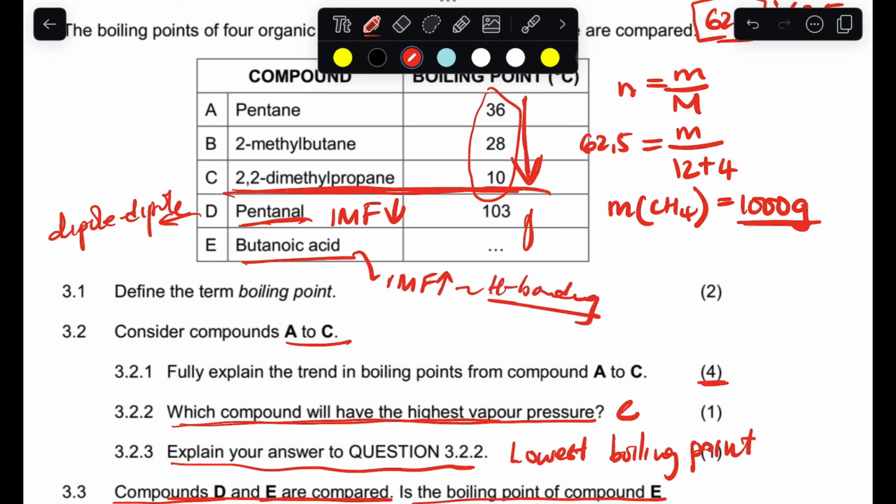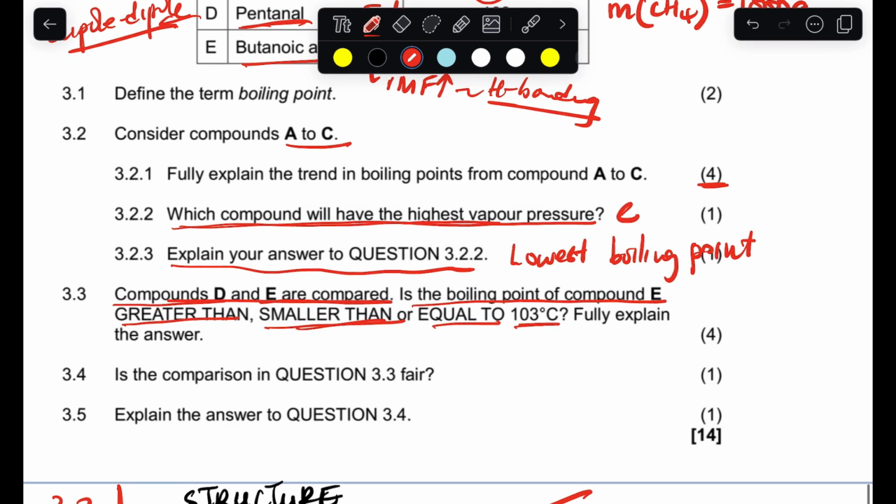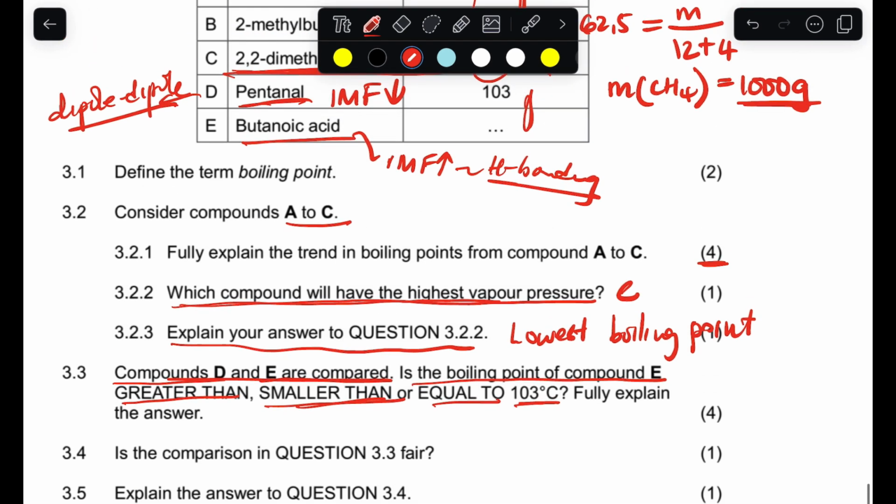You don't have to say it's two-sided hydrogen bonding, because this one is not a hydrogen bonding. You compare by sides if it's hydrogen bonding in a case of alcohol and acid, right? Now the answer here is greater than.